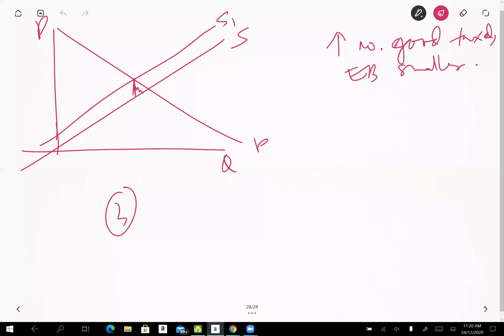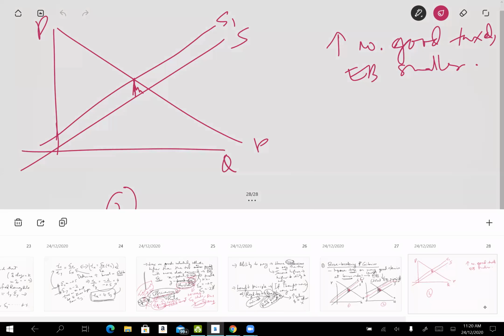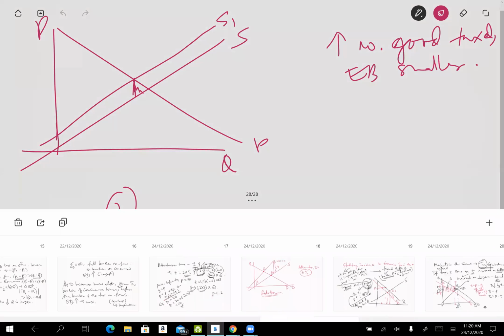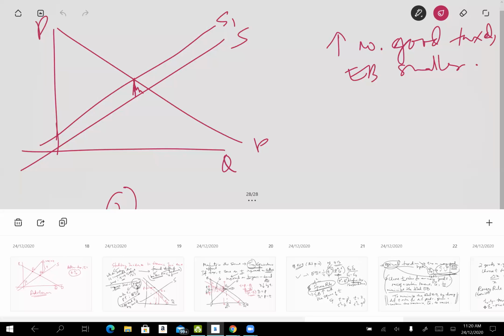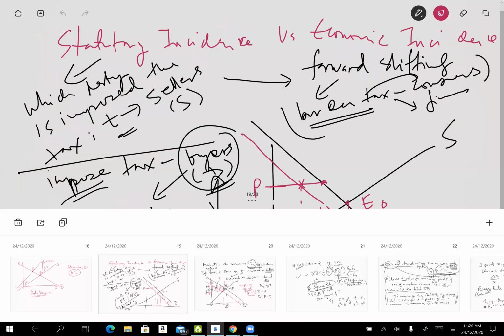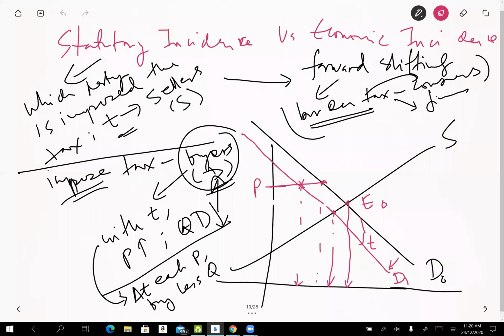If the tax is imposed on the consumers, that will be backward shifting. Say forward shifting: the statutory incidence is on the firms, and it will transfer some of the burden to the consumers. That is forward shifting.